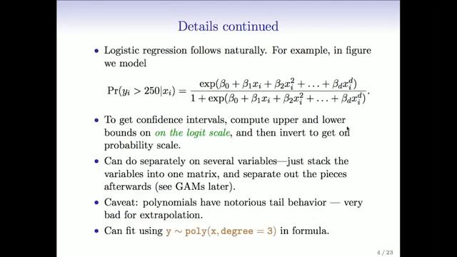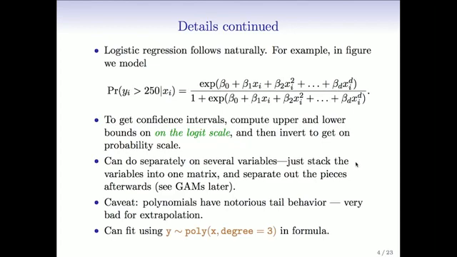Okay, few other points. With polynomial, we've just talked about a single variable. For several variables, you can do it separately on each variable, right? So you just generate these transformations on each variable, and then stack them together in one big matrix and fit a big linear model in all these new derived variables.